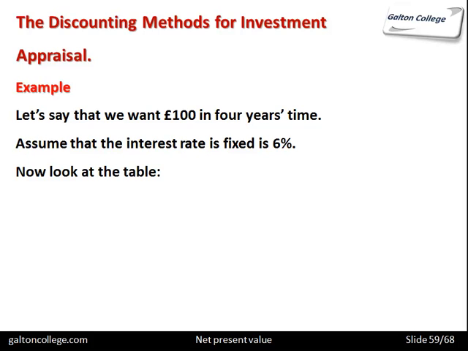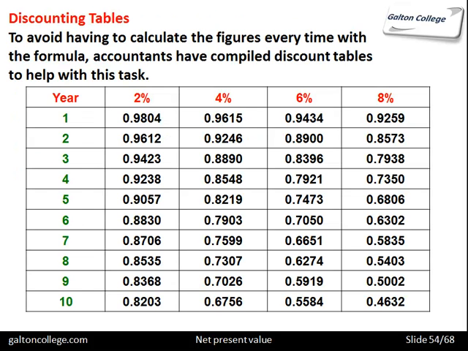Let's go back to the table for a moment and see if we can track down £100 in 4 years' time, 6%. 6% is over here, and 4. So the relevant number seems to be 0.7921. Please remember that. Make a note of it.